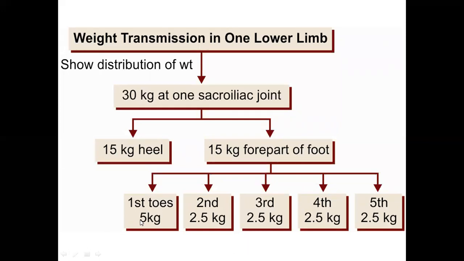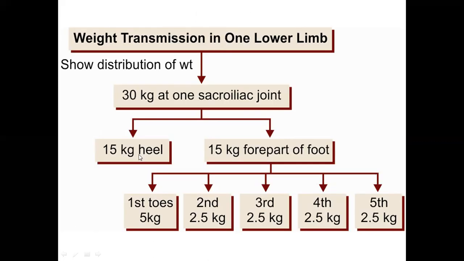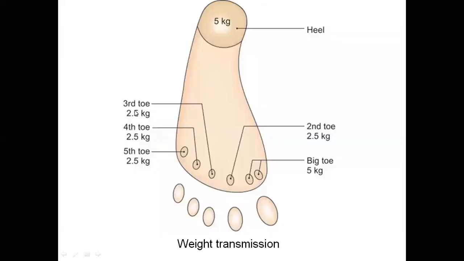The great toe takes 5 kg, and the second to fifth toes each take 2.5 kg of body weight. So great toe is 5 kg, remaining 4 toes 2.5 kg each. The heel takes 15 kg. Fifteen plus 15 is the overall sacroiliac joint distribution.